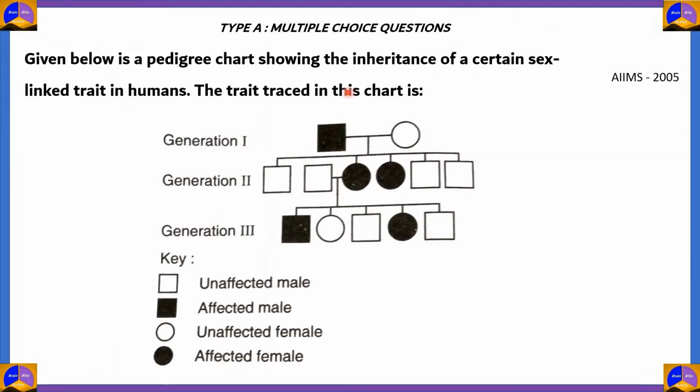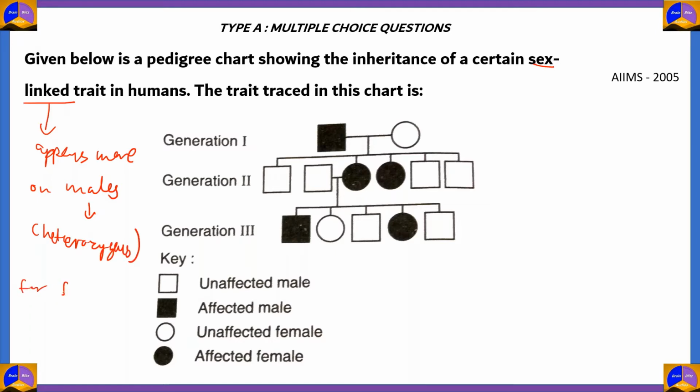So we have a sex-linked trait. So what that means is that it appears more on males who are heterozygous, and for females, in order to get this disease, they have to be homozygous.